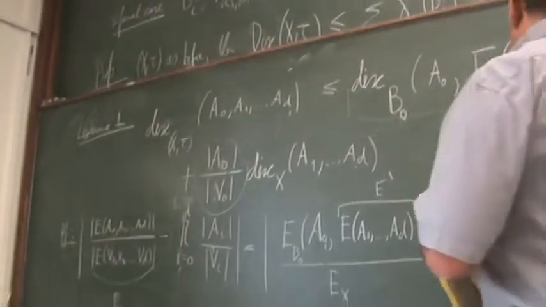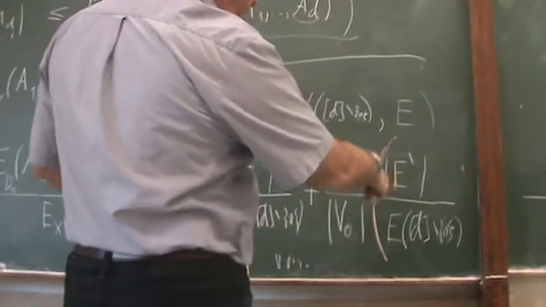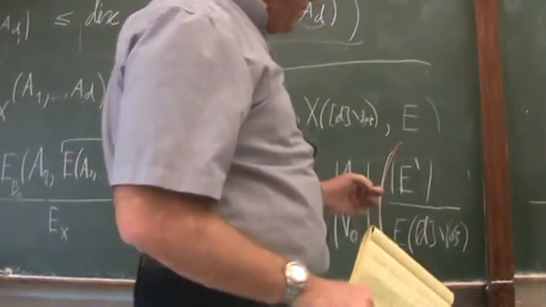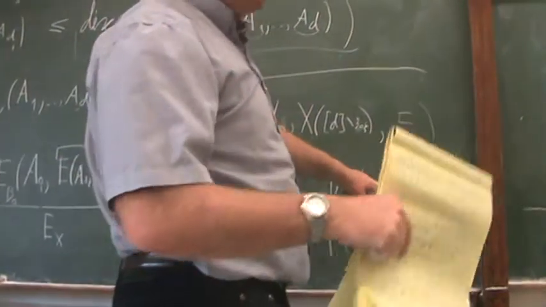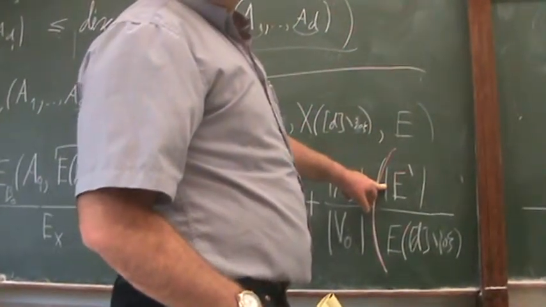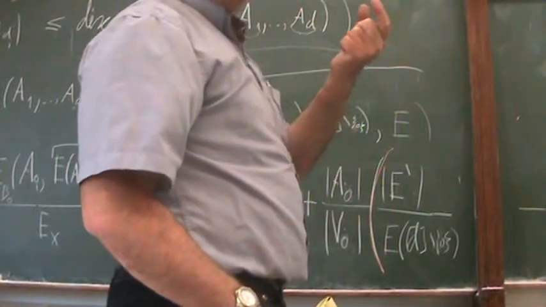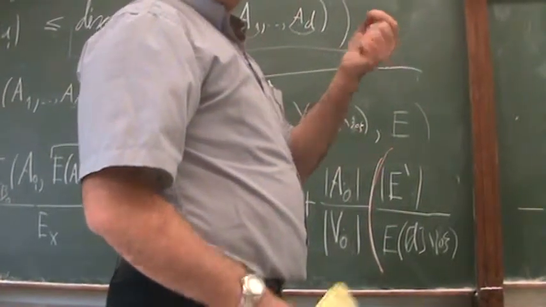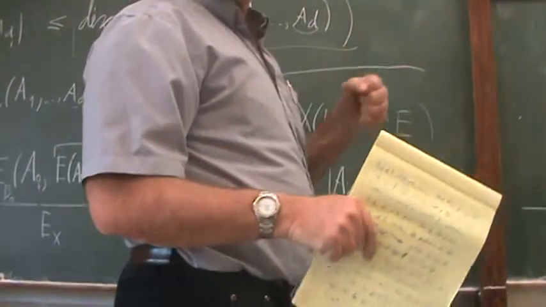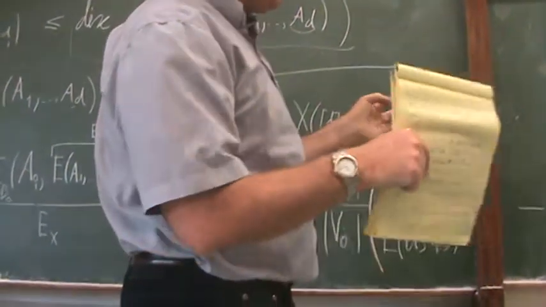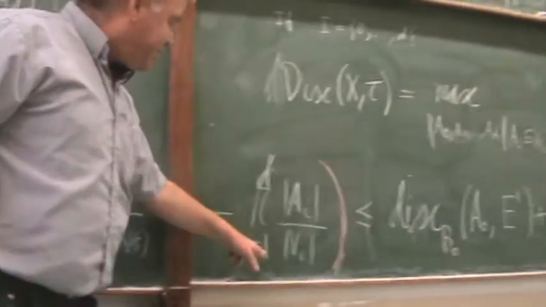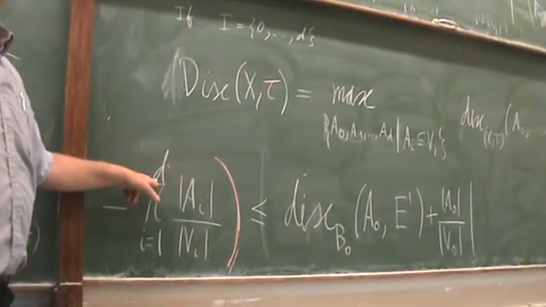Now I claim that what is written here inside the brackets is exactly the definition of the discrepancy of A1 up to AD, without A0. We define the discrepancy of a subset of types, and in each one of them, this time the subset is only the colors from 1 to D, without the 0 color.